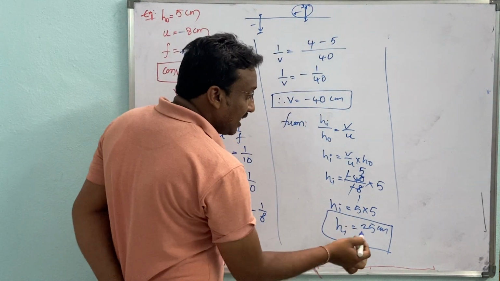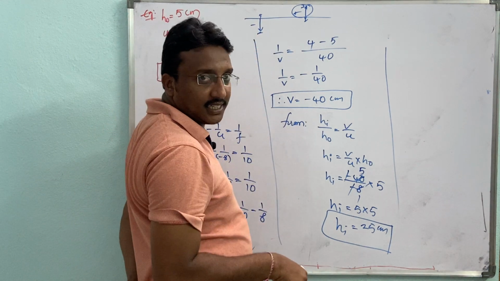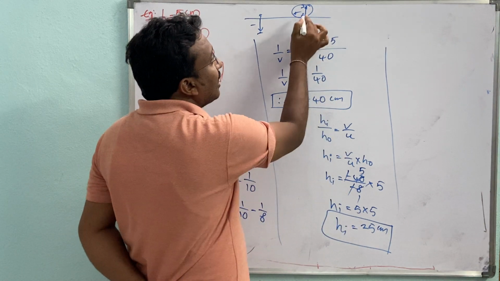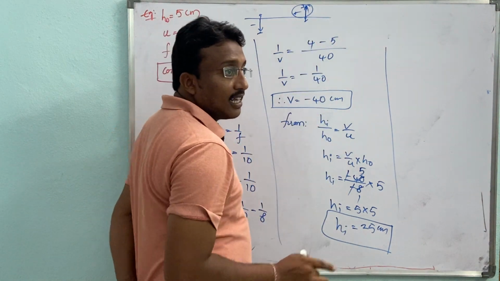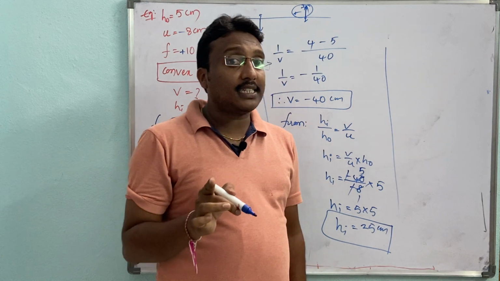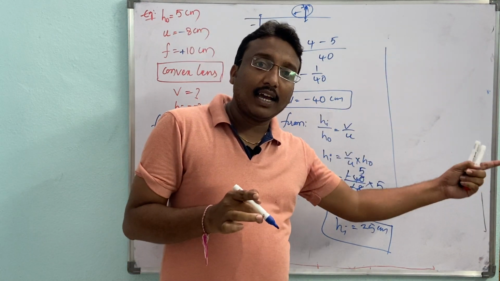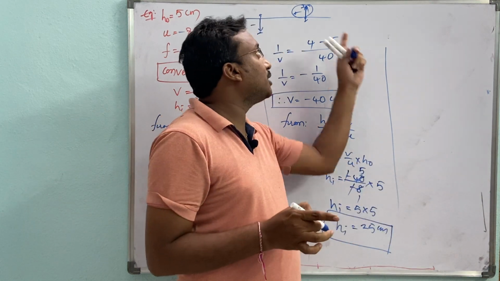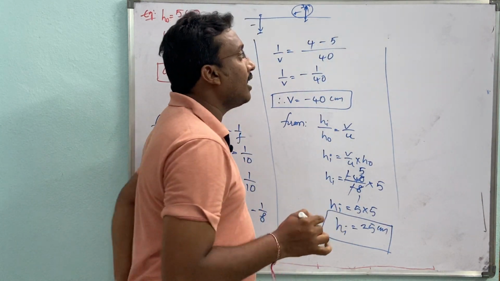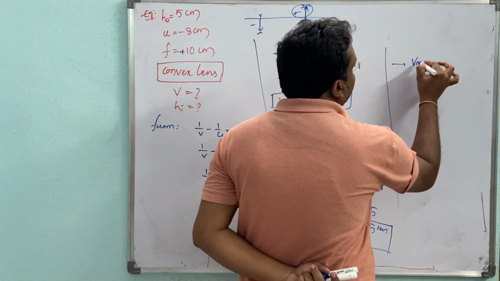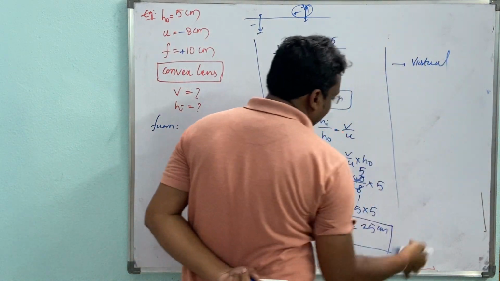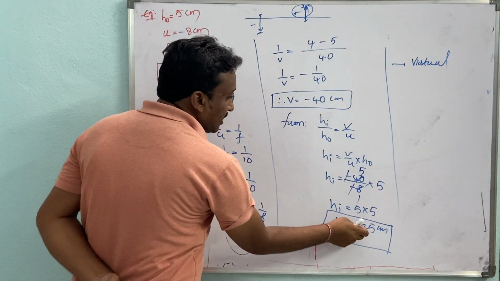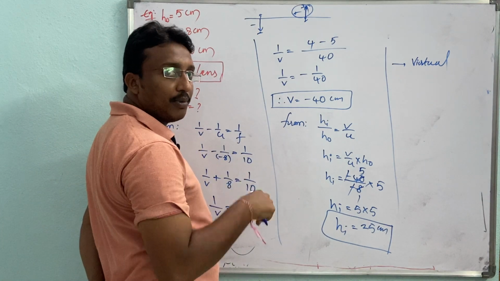If I get minus 25, that becomes below the principal axis. Above the principal axis is possible only when the image is virtual. Then the given image is virtual. Got it?